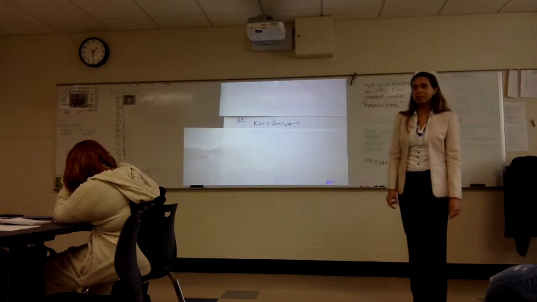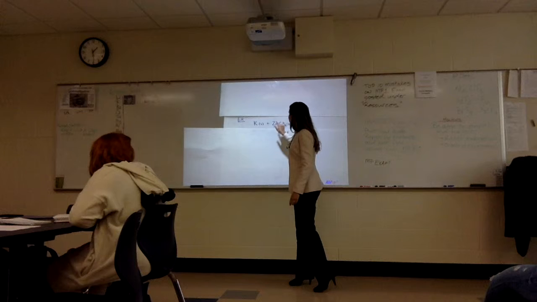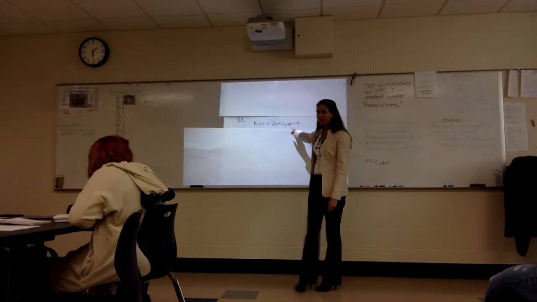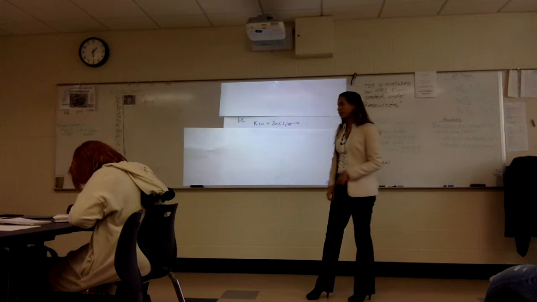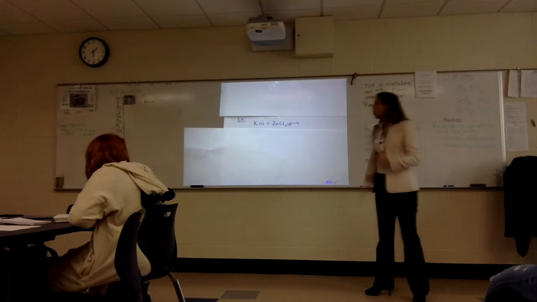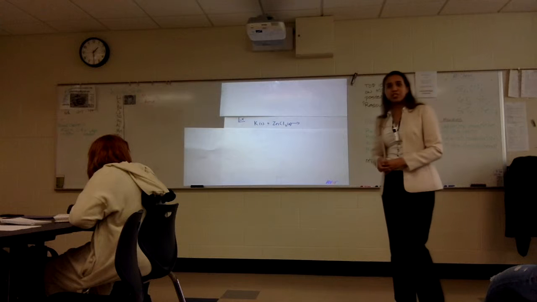In the parentheses are the states of the compounds. So this is solid, and this is aq for aqueous. But you don't have to worry about that right now. We'll learn about that later. So potassium wants to react with zinc chloride.